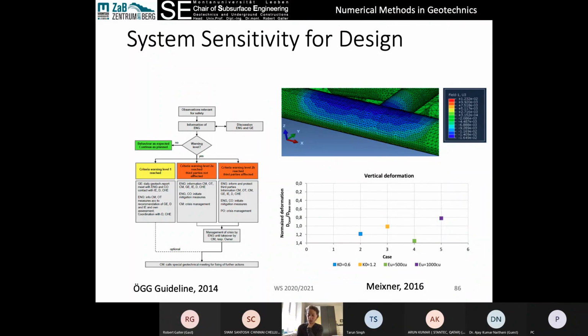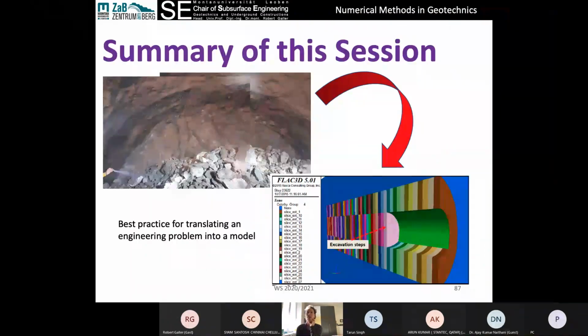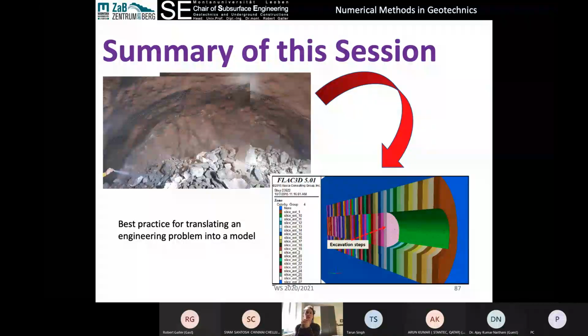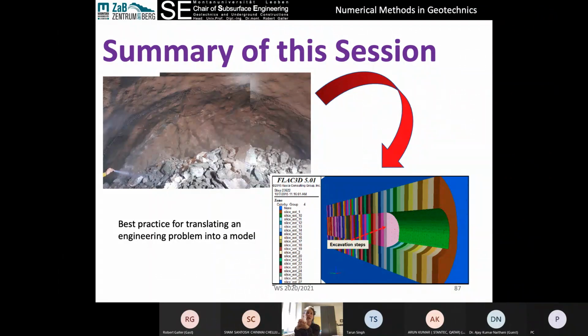And that in a little over 2 hours is a summary then of best practice for translating a tunnel problem, a tunnel system into a model, and all of the different steps and considerations, a little bit about the mathematics, a little bit about how to use your engineering judgment to pick different aspects, to address different aspects, the uncertainty, the simplification, etc.